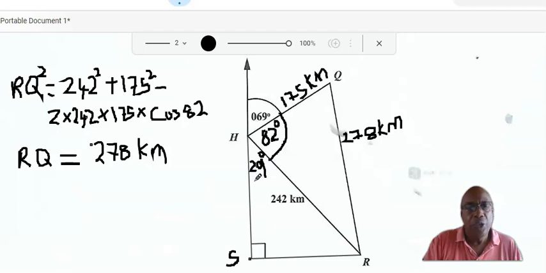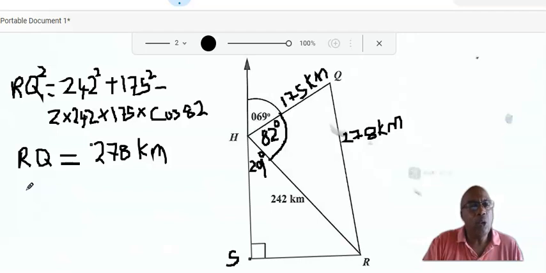So from our trigonometrical ratios, we have the hypotenuse, and we want the adjacent side, the side next to the angle. And adjacent over hypotenuse is cosine.